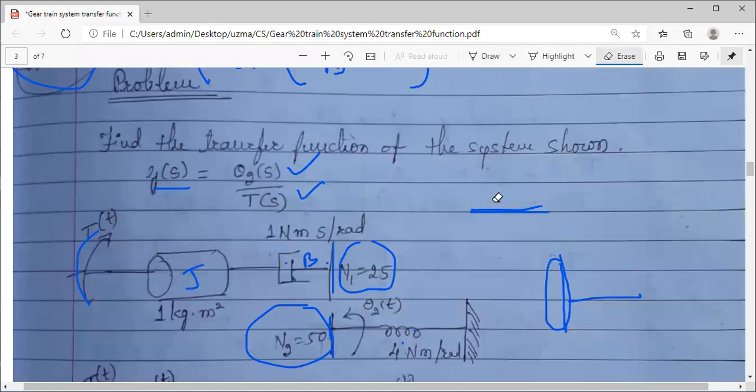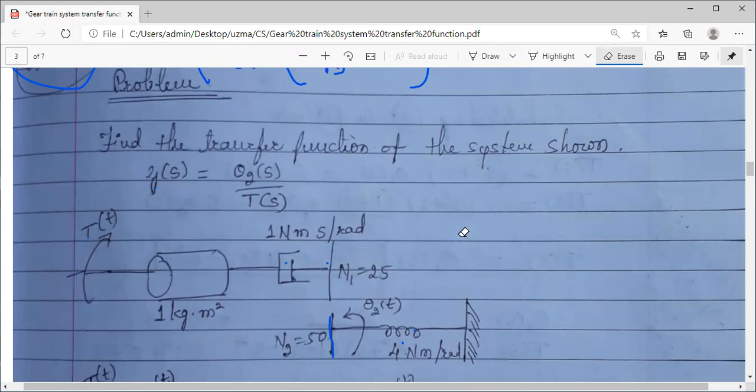The very first thing is you need to identify that the given system is having gear trains. So what should you do? First thing, identification. Then you have to decide where to take the reflection. You can see you have one shaft here. Let me take this as number 1, and this is your second shaft.